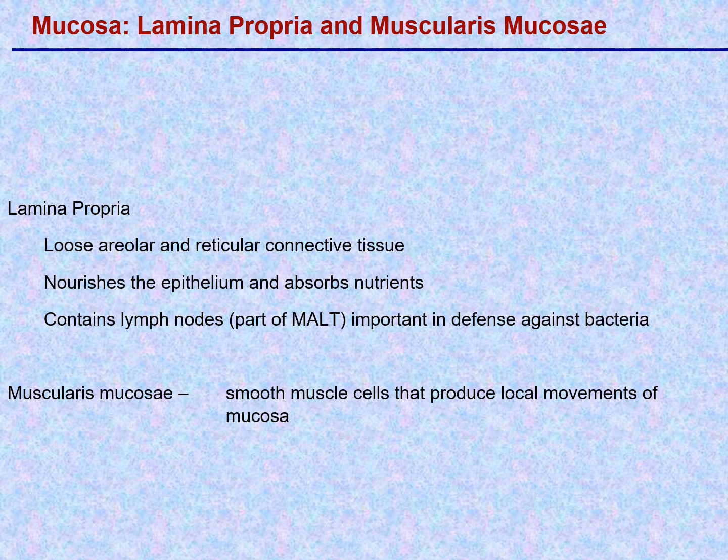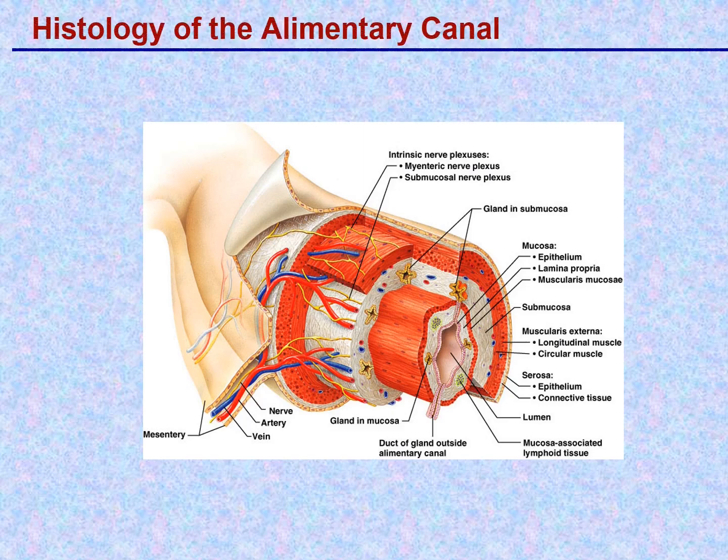epithelium. And further out from that, the third part of the mucosa is the muscularis mucosa, which is a fairly thin layer of smooth muscle cells that help produce local movement. And here you see them, the mucosa, the three main parts: the simple columnar epithelium, beneath that the lamina propria, and outside of that the muscularis mucosa.